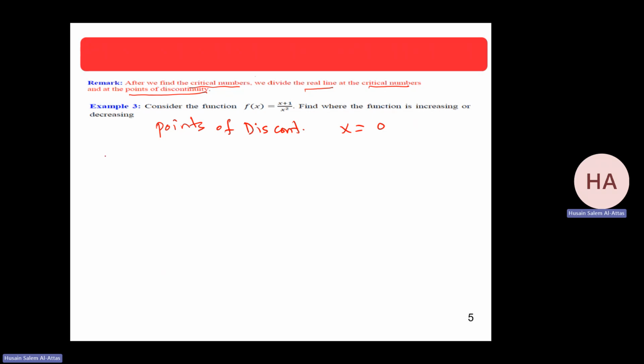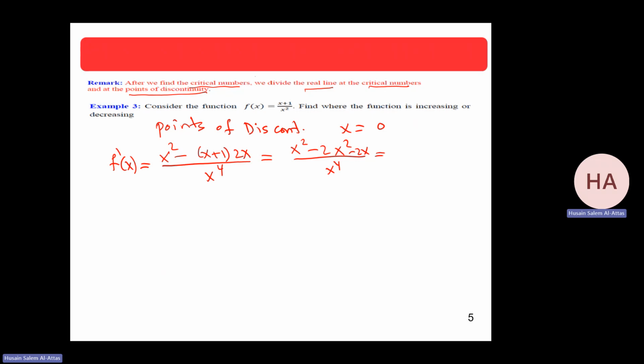Okay, now we'll find f prime. Derivative of the numerator is 1 times the denominator, x squared, minus x plus 1 times the derivative of the denominator, which is 2x, over x to the power 4. So that gives me x squared minus 2x squared minus 2x over x to the power 4.